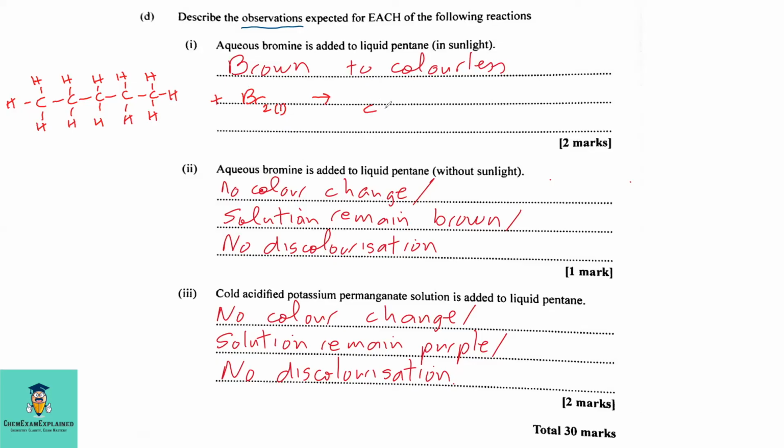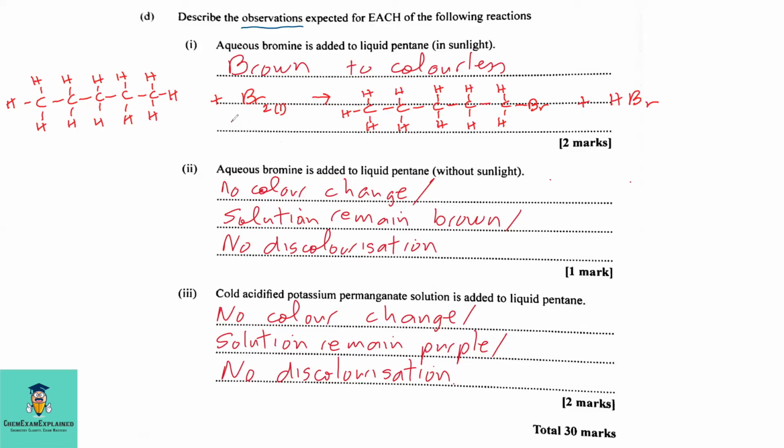I'll get carbons 1, 2, 3, 4, 5. This one would have been substituted with a Br, and these are all H's, plus HBr.